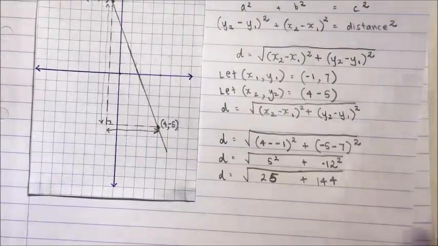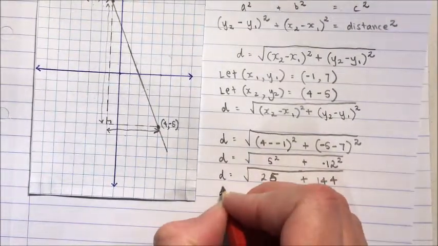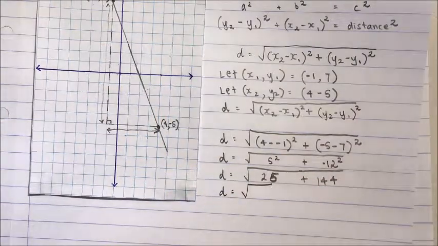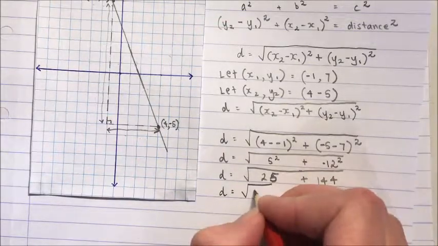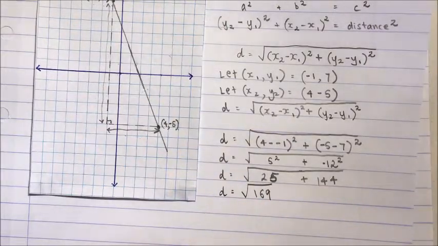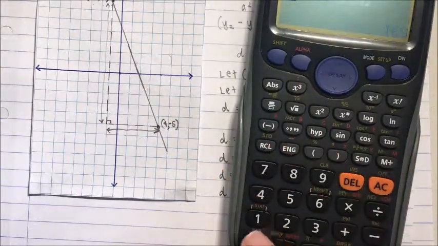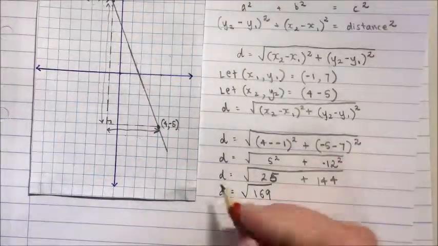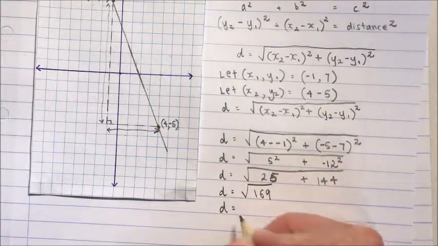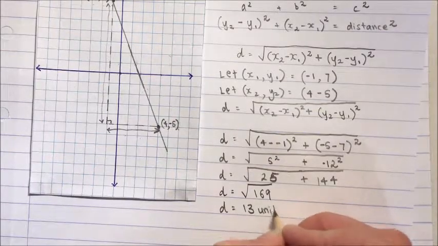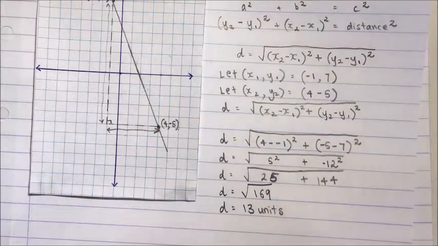So the distance is equal to the square root of 144 plus 25, which is 169. I'm going to cheat and calculate it at this point. So the square root of 169 equals 13. The distance equals 13. Now there's no measurements here, so 13 units.